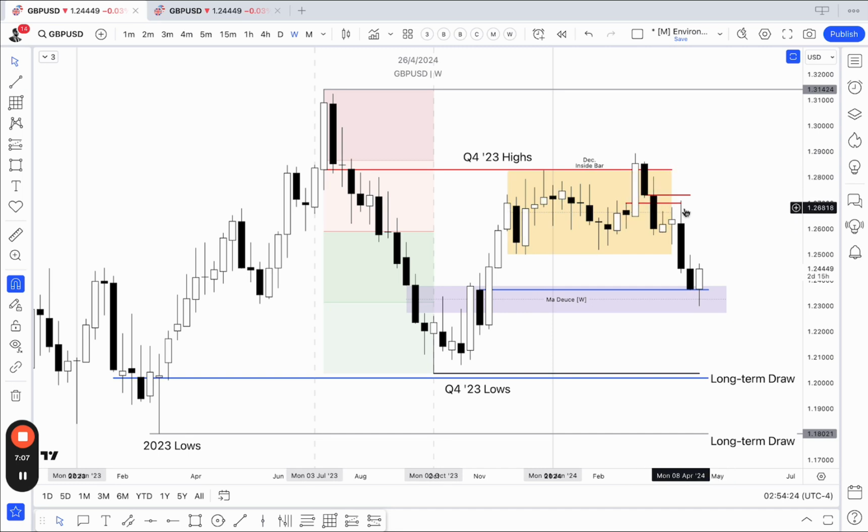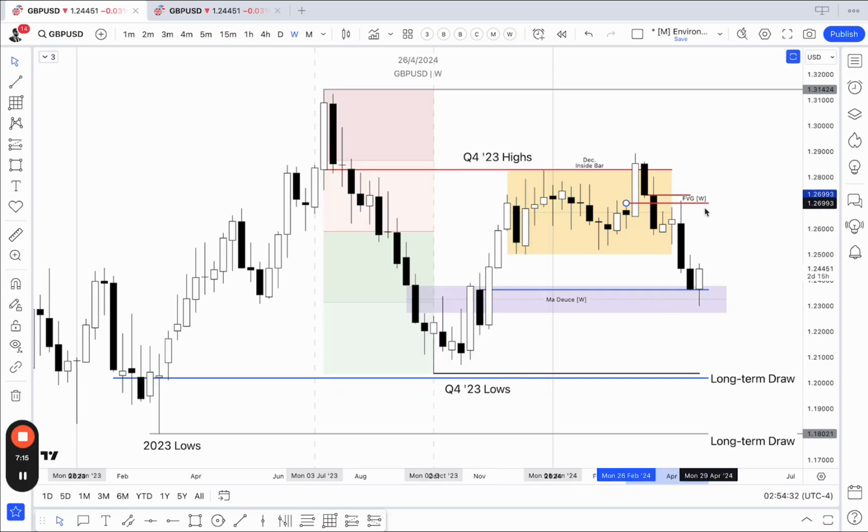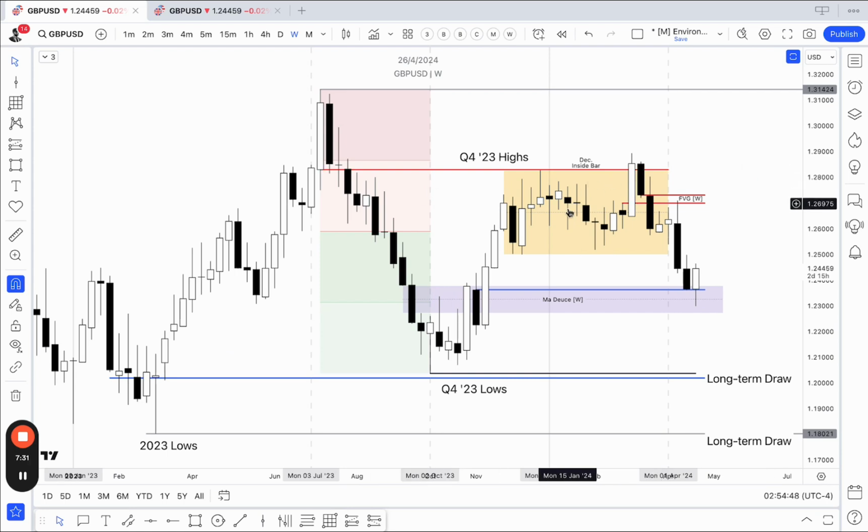Now it displaces lower, so I'm just going to mark this out as a weekly fair value gap, and all of this is just building that monthly candle directional bias.